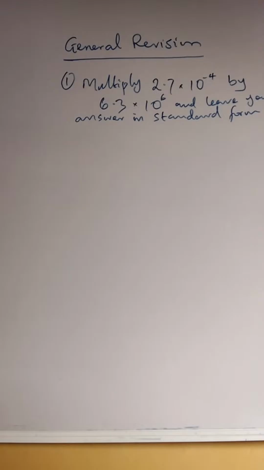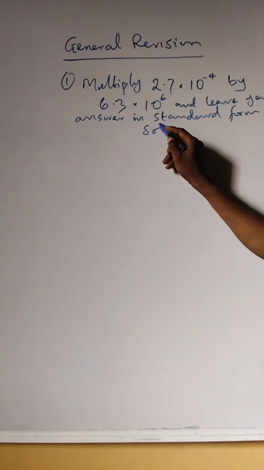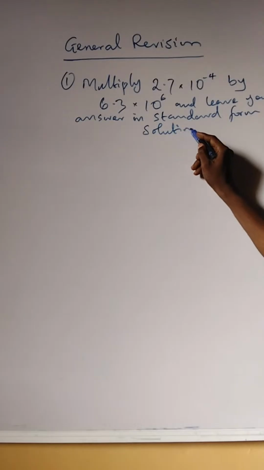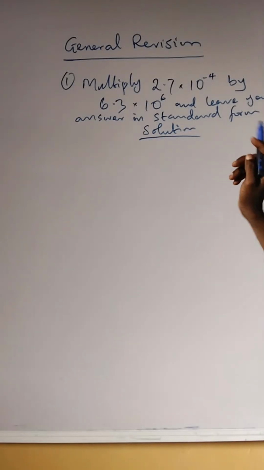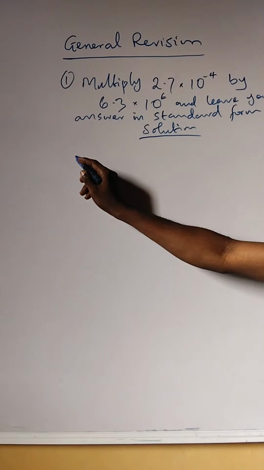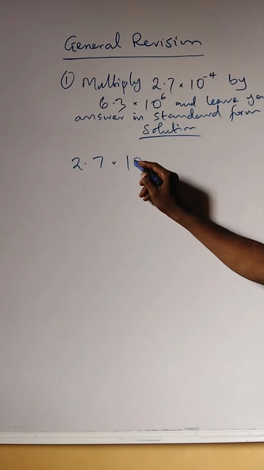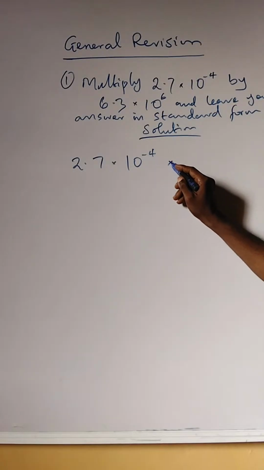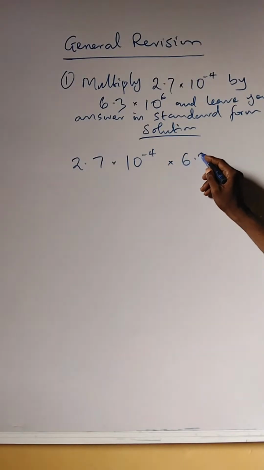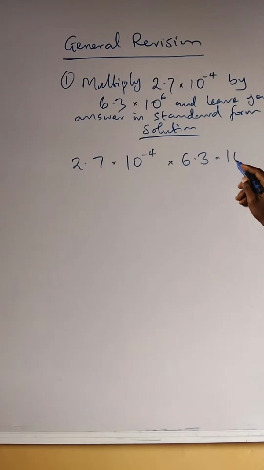So this actually is a simple question. What we have here is that we want to multiply these two numbers. Actually, this is also in standard form. We have 2.7 times 10 raised to the power minus 4, multiplied by 6.3 times 10 raised to the power 6, and we leave our answer in standard form.